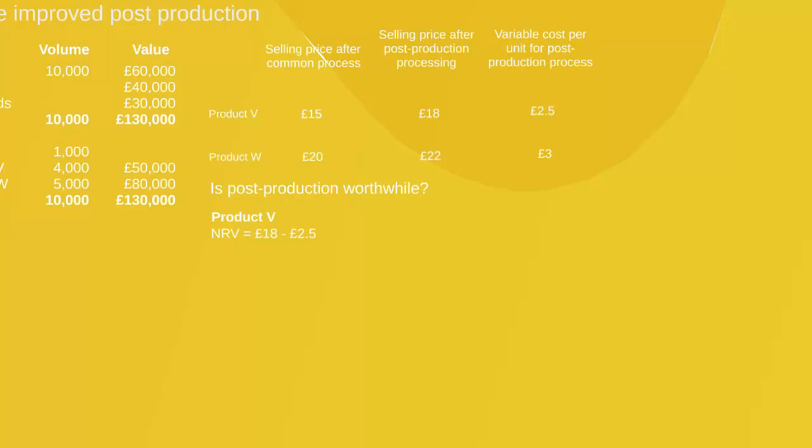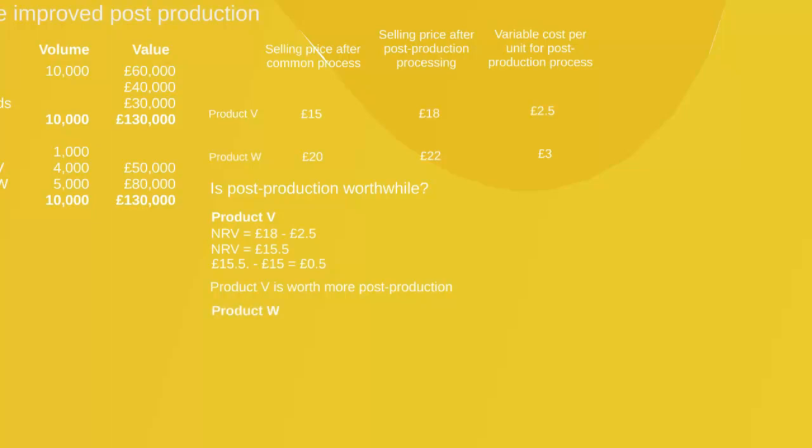So £18 minus £2.50 comes to £15.50. Now if we deduct that from the selling price after the standard process, that comes to 50p. So it is worth it. It's worth more to the company post the post-production process than it is post the common process.